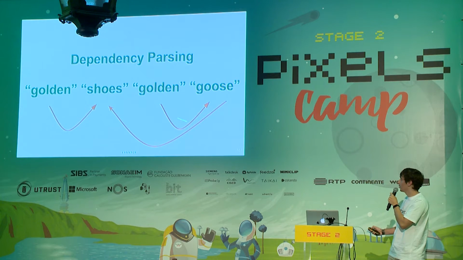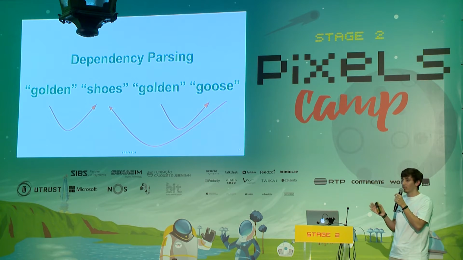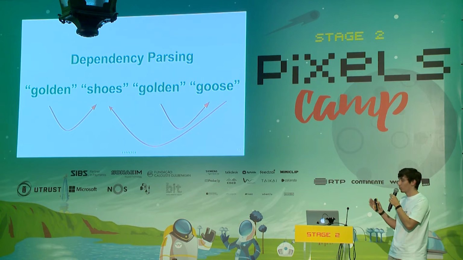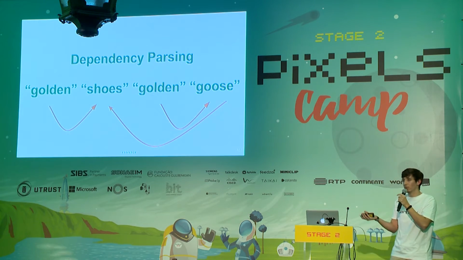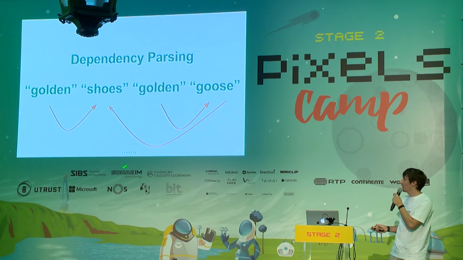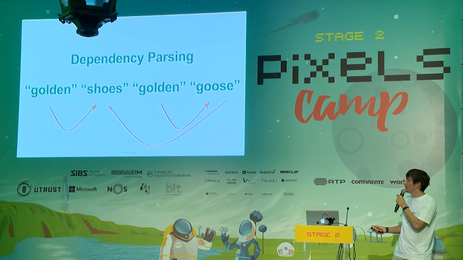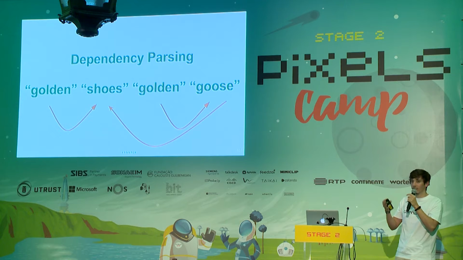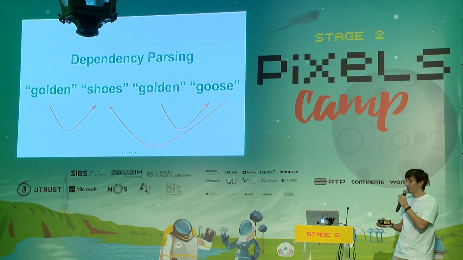And then all those words would be closer to shoes, and golden would also modify shoes. So the idea here is to see what's the closest word that the word is modifying. You could even have annotations like an adjective modifying a noun. So this connection could have a grammar name from linguistics.